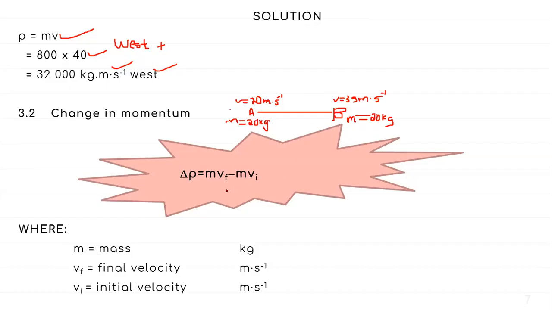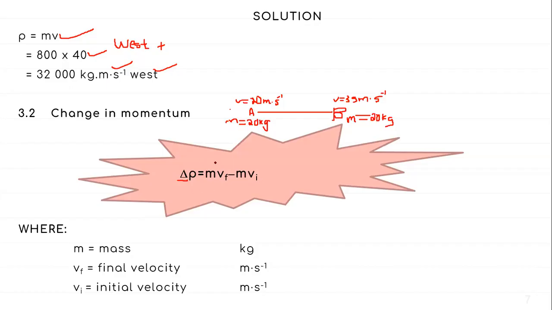So the formula that we use to calculate the change in momentum is delta P is equal to mvf minus mvi, where you know your delta means the change. So the change in P, which means the change in momentum, is equal to the final momentum minus the initial momentum.